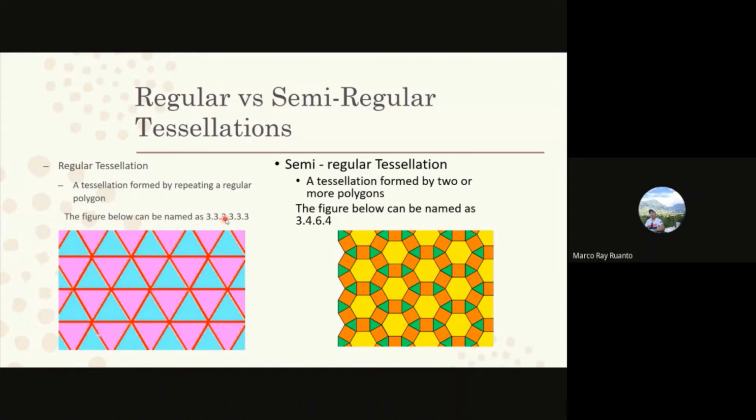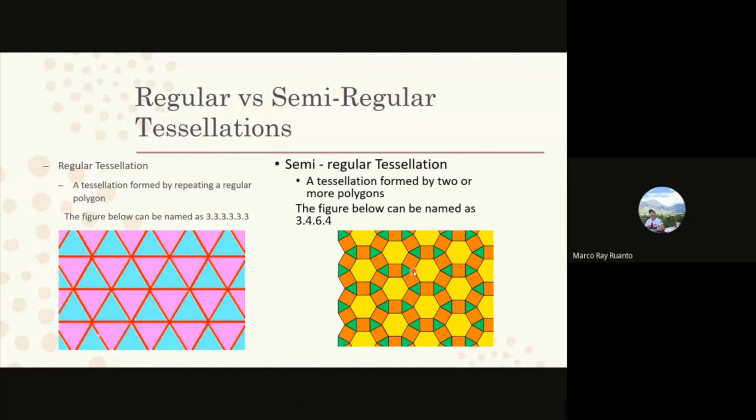So 1, 2, 3, 4, 5, 6. And since each triangle has 3 sides, we name it 3, 3, 3, 3, 3, 3. So there are 6 numbers here, which are all three, which represent the number of sides. So we name this tessellation as 3.